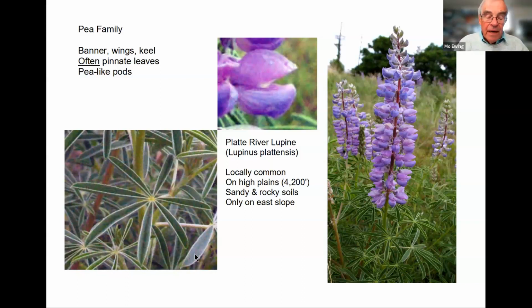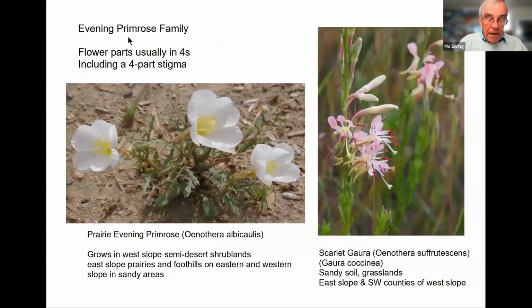Another plant you find down here is in the evening primrose family. You'll remember this guy, flowering parts in fours. It's a little hard to see, 1, 2, 3, 4, including a 4-part stigma. And if you look closely, they have 4-part stigmas there.